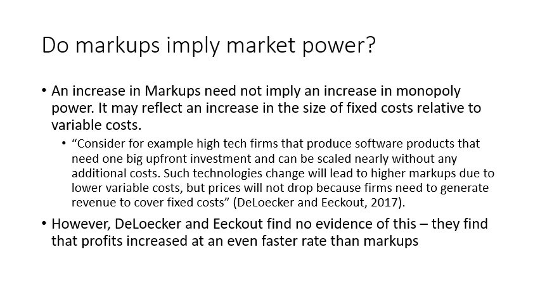And so the variable costs or the marginal costs are basically 0, but the fixed costs are somewhat high. And so in this case, we could see a situation where prices are above marginal cost, but not because of market power, but because of higher fixed costs. However, these authors find no evidence of this in the markets that they look at, and they find that profits increased at an even faster rate than markups over the time period that they looked at.